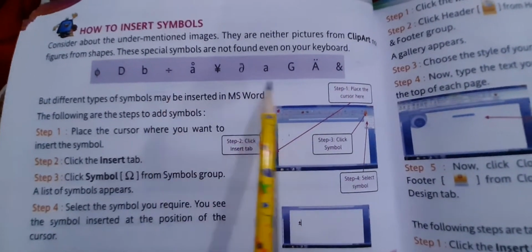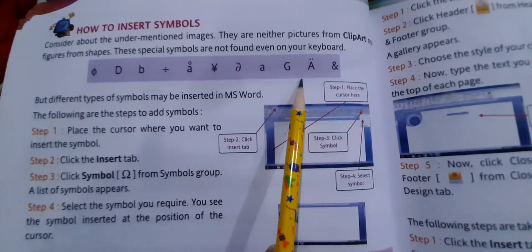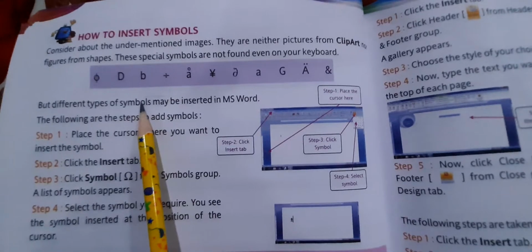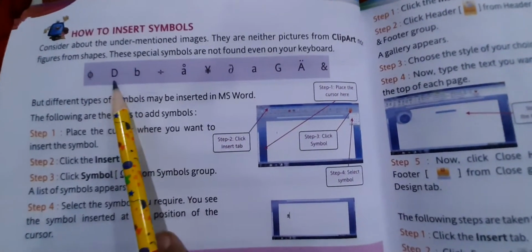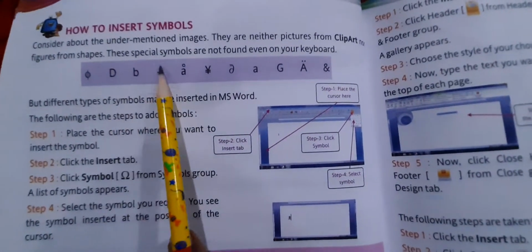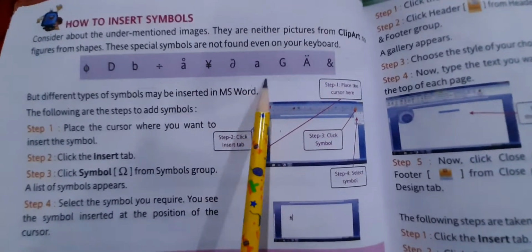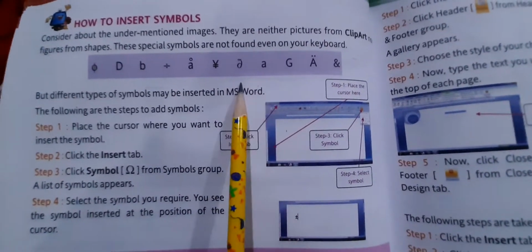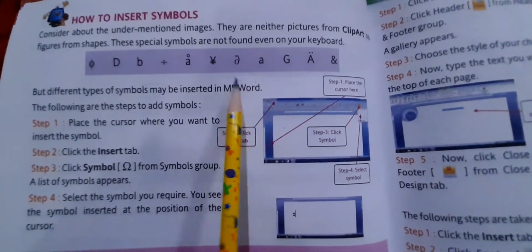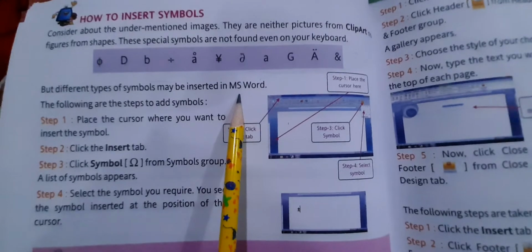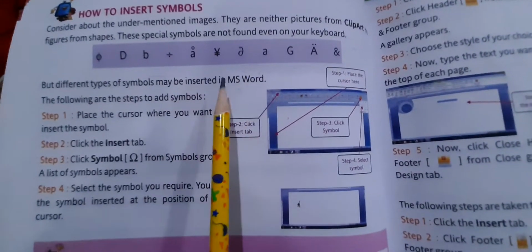Means these symbols which you can see here, they are not from the clip art and not figures from the shape. Means you can't find them in the shape gallery also. And these you cannot find on the keyboard also, but you may need them in your document for some reason. But different types of symbols may be inserted in MS Word. Means we can insert these symbols.